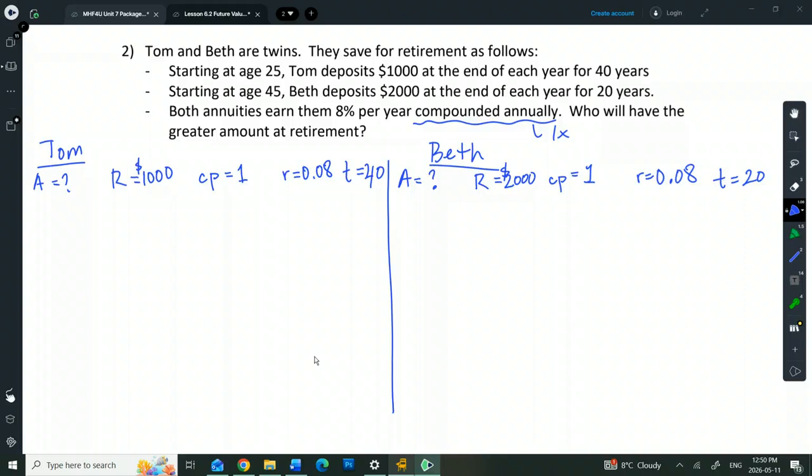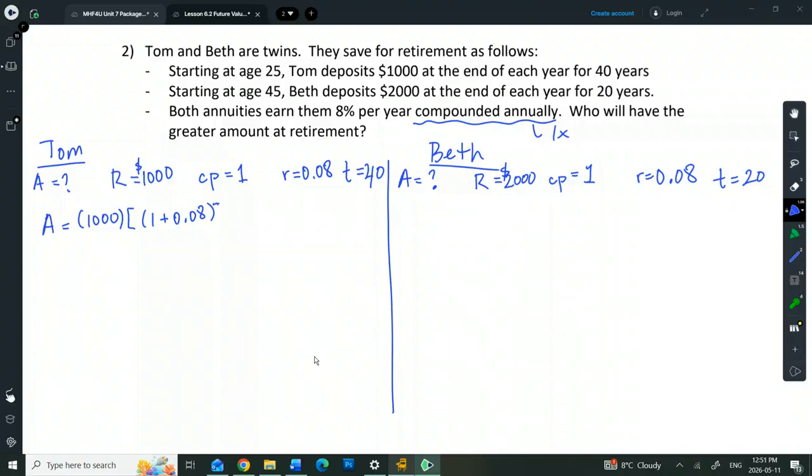Okay, so let's plug in for Tom here. We have the rate and then we have 1 plus r over the compounds. So because this is just over 1, we're just going to put in 0.08 for those ones. Save ourselves an extra line of work here.